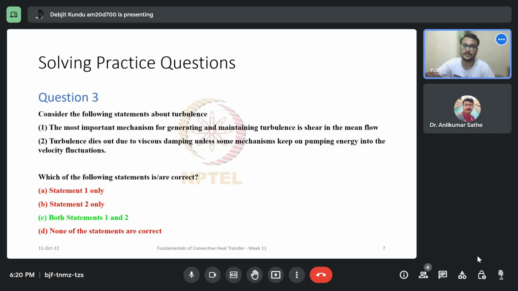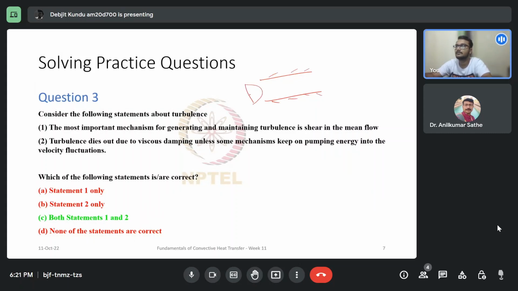Okay, so if we look at the solution, indeed both are correct. Statement 1: the most important mechanism for generating and maintaining turbulence is shear in the mean flow. If we consider the origin of turbulence, let's say we have a perfectly laminar flow through a pipe like this.